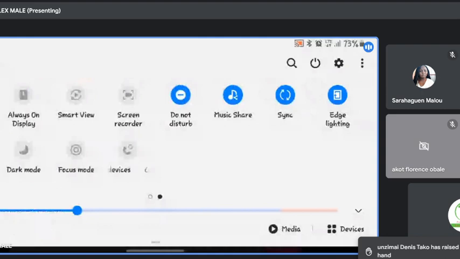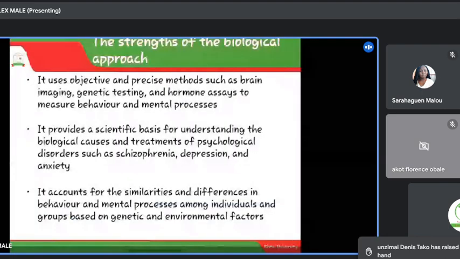Second, it provides a scientific basis for understanding the biological causes and treatment of psychological disease. One is too fearful.